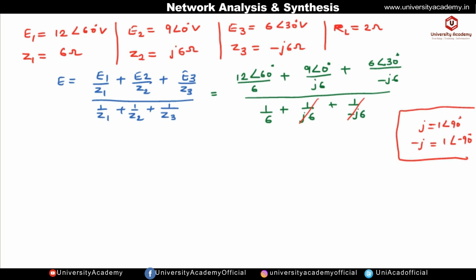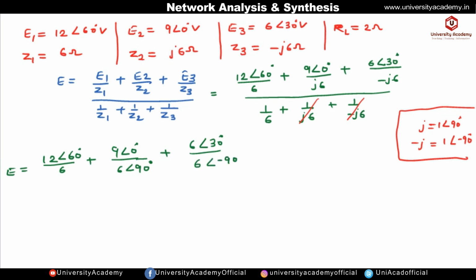So E is equal to 12 angle 60 degree divided by 6, plus 9 angle 0 degree by j6, which can be written as 6 angle 90 degree, then plus 6 angle 30 degree by minus j6, which can be written as 6 angle minus 90 degree, and the whole divided by 1 by 6.